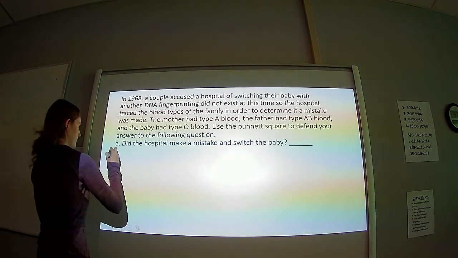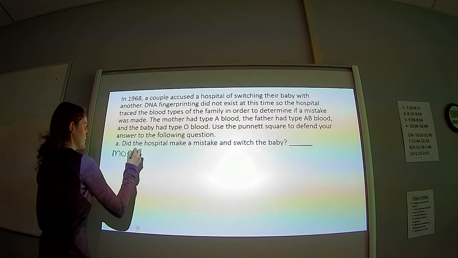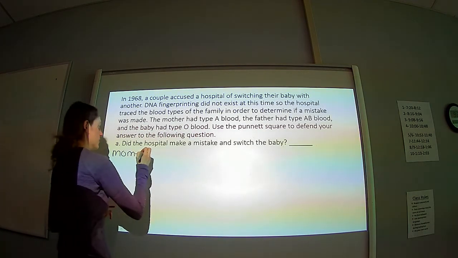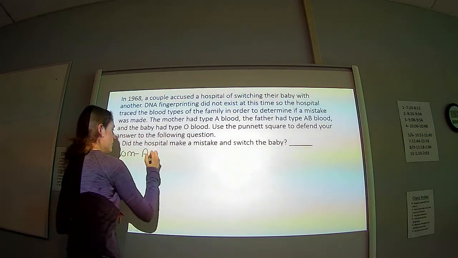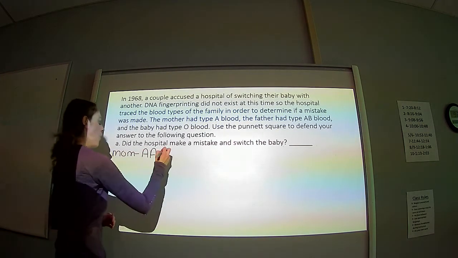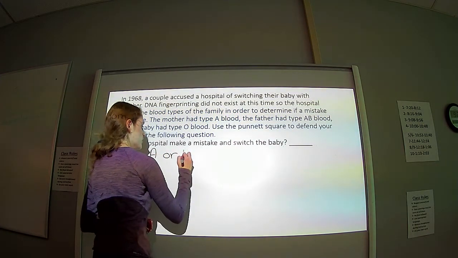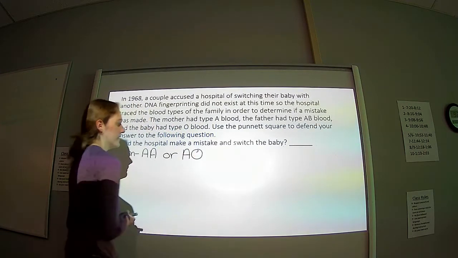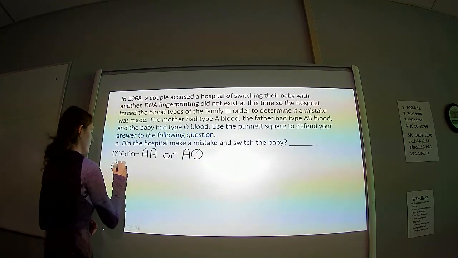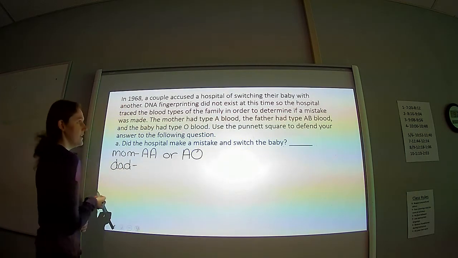So mom. We have two possibilities for what mom's genotype could have been in order to get A blood. She would have either had two capital A's and been homozygous, or she would have been heterozygous and had an A and an O. Now dad, he's AB.